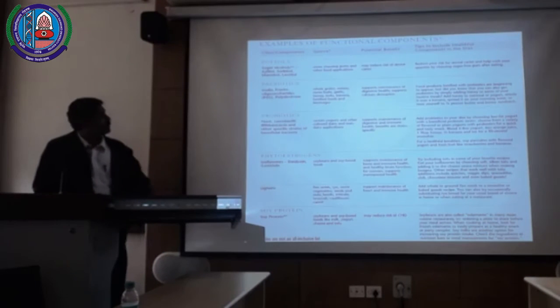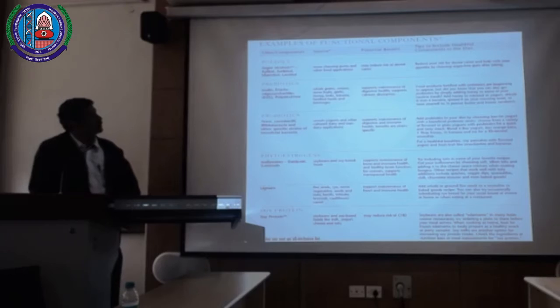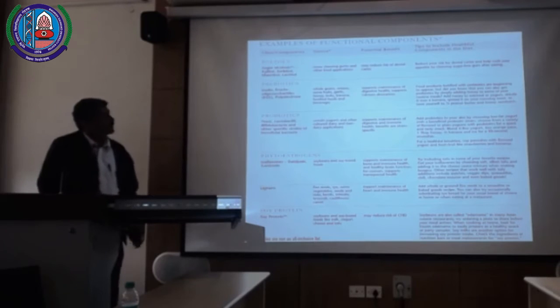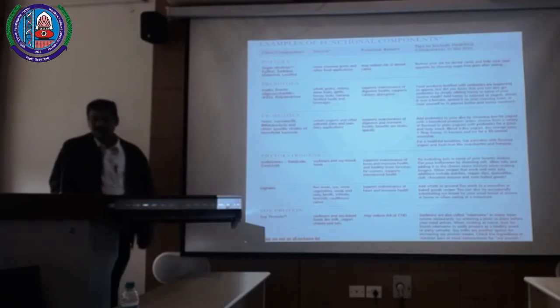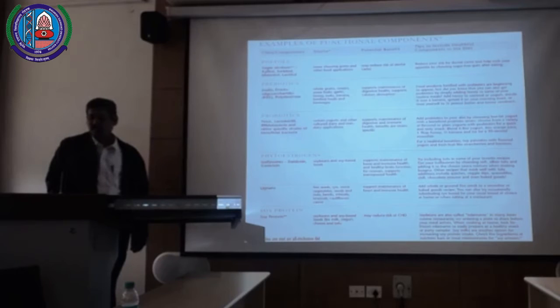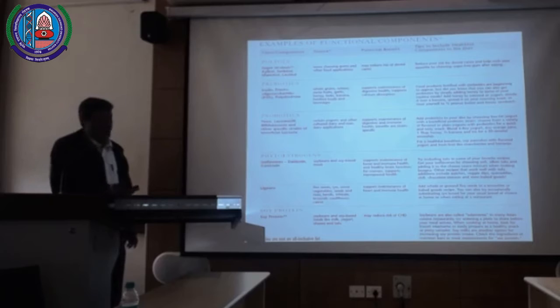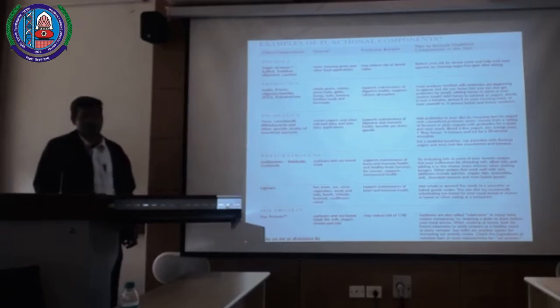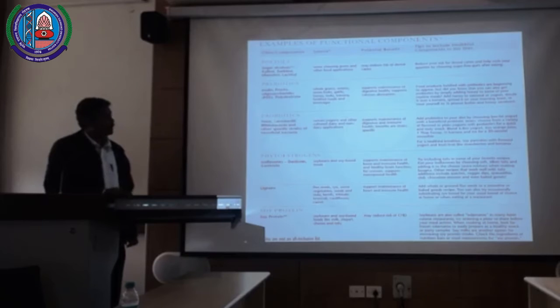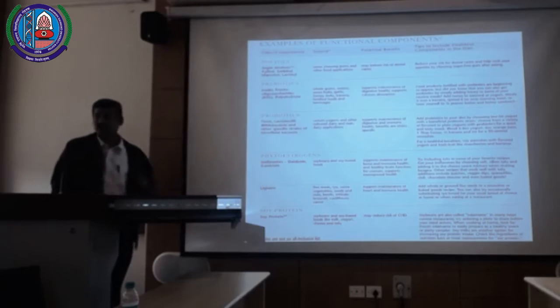So some examples of functional components. I was talking about prebiotics and probiotics, and then we talked about whole foods. Prebiotics include fructooligosaccharides, and for the probiotics we talk about Lactobacillus acidophilus, Bifidobacterium, and other bacteria present.